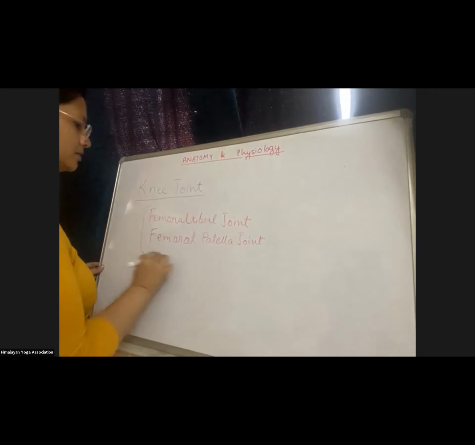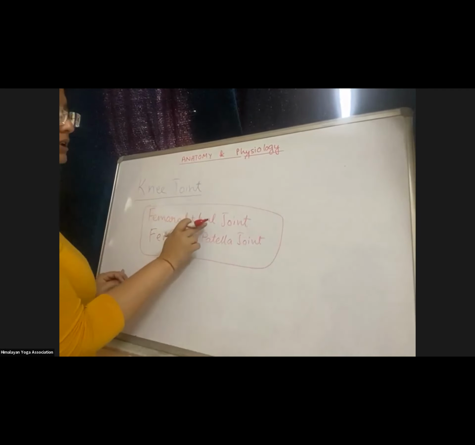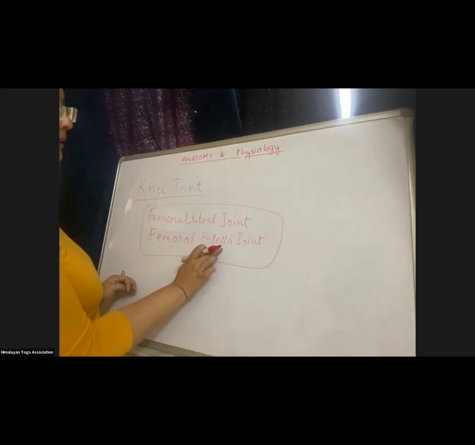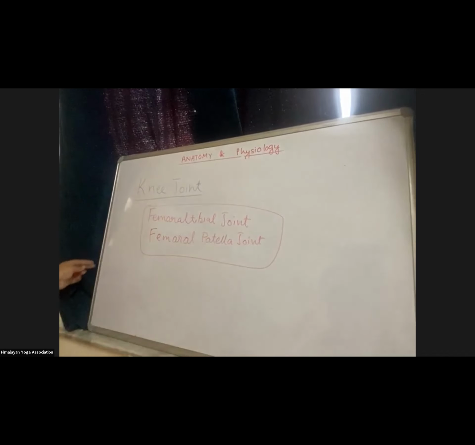We have these two joints. As the name suggests, femur and tibia, where these two are joining is the femorotibial joint. Femur and patella is the femoral patella joint. These two joints we have in the knee. You can take a screenshot of this. And did you take screenshots of those pictures?